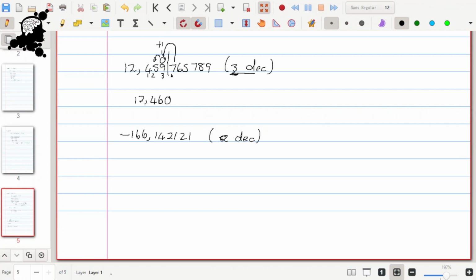Once again, I need to count 2 digits. Put a line here. I look at the number after the line. This is a 2. This number is less than 5, so I don't do anything to the number before the line. This is just going to be negative 166,14. There we are. 2 decimal places. Done. Next question.